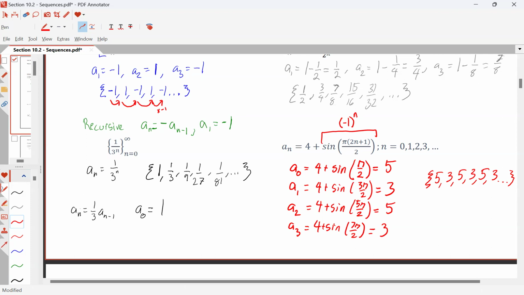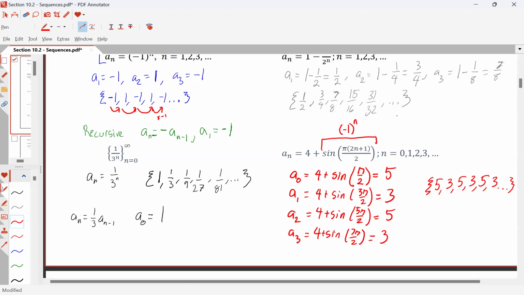And we'll see some other ways to write negative 1 to the n in the next few sections. The other thing to note is, again, in that idea of a limit, this is also bouncing back and forth between 5 and 3, never settling in close to one number, just like the negative 1, 1 pattern. So this sequence, if we were talking about limits, would not have a limit.